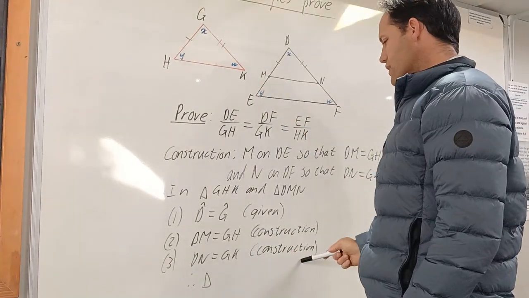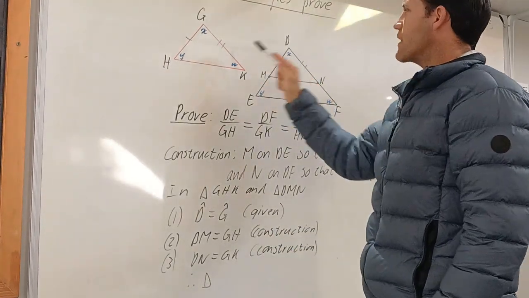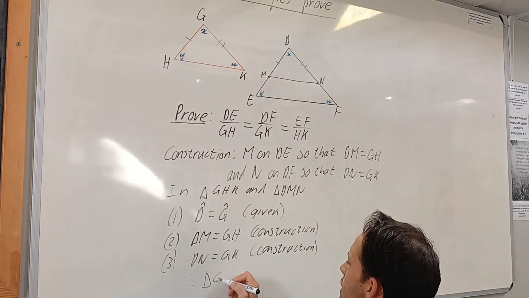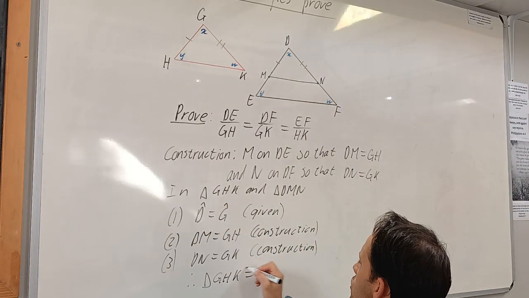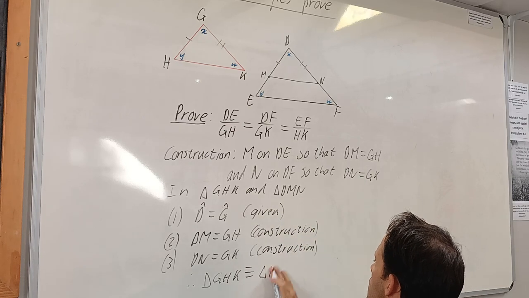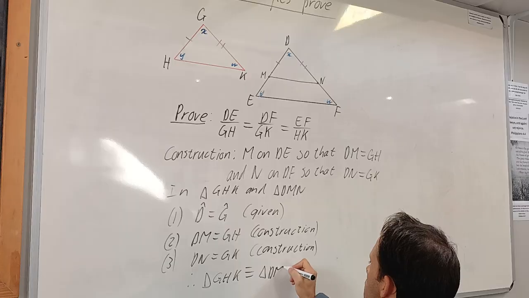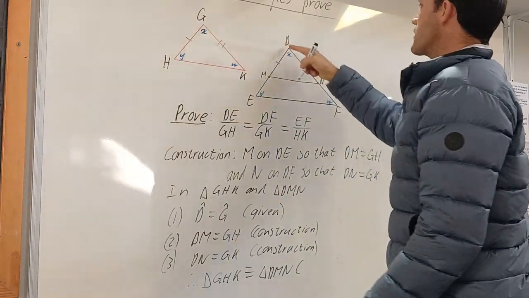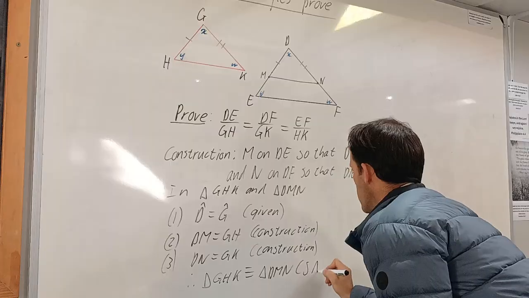Okay, it's also our construction. And therefore, we can say these two triangles are congruent. So we can say now GHK is congruent to DMN. And our reason? Side, angle, side.